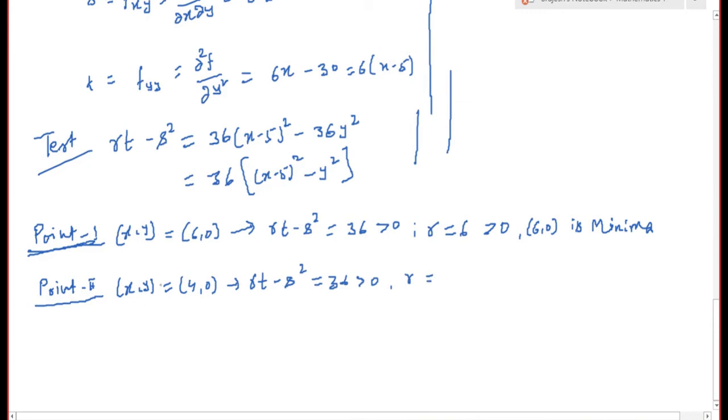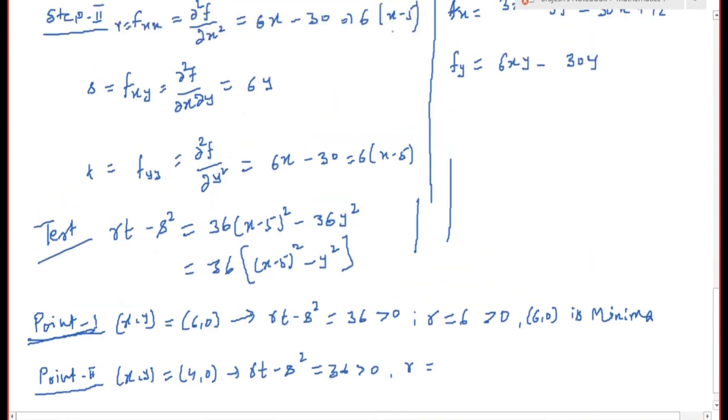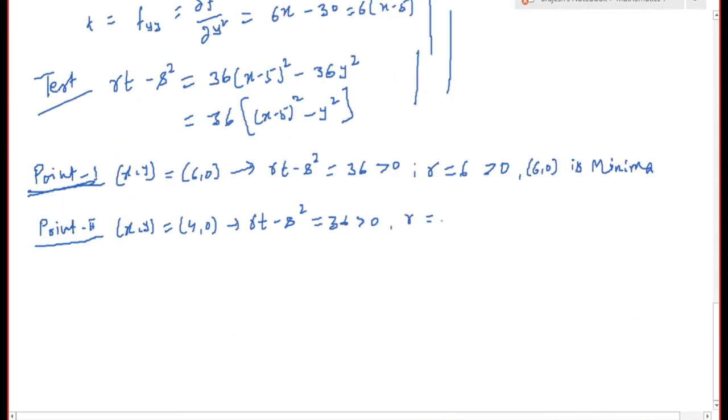R is 6 into x minus 5. So x is equal to 4 gives minus 1, so it is going to be minus 6. So R is minus 6, which is less than 0. So the point 4, 0 is maxima, and you will get the maximum value here.